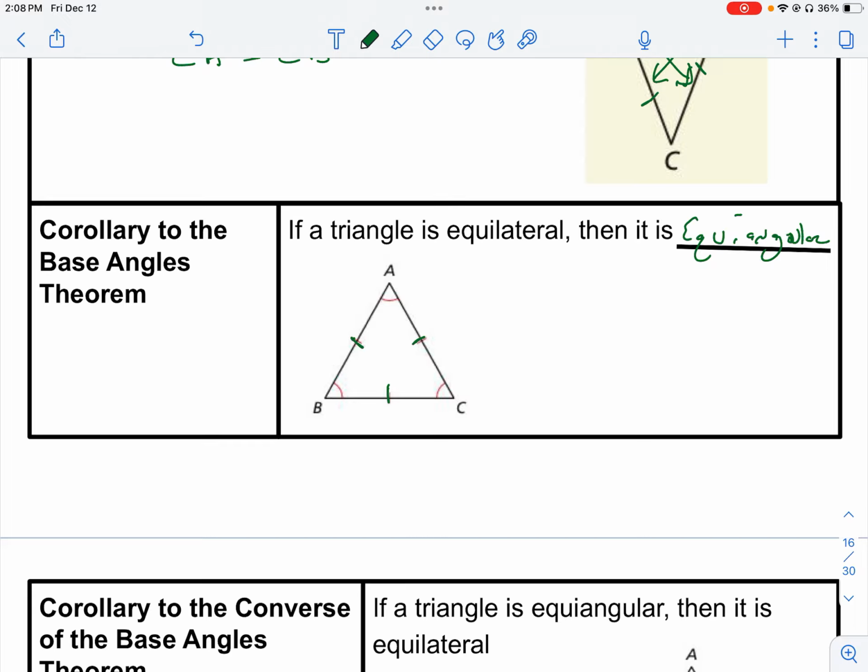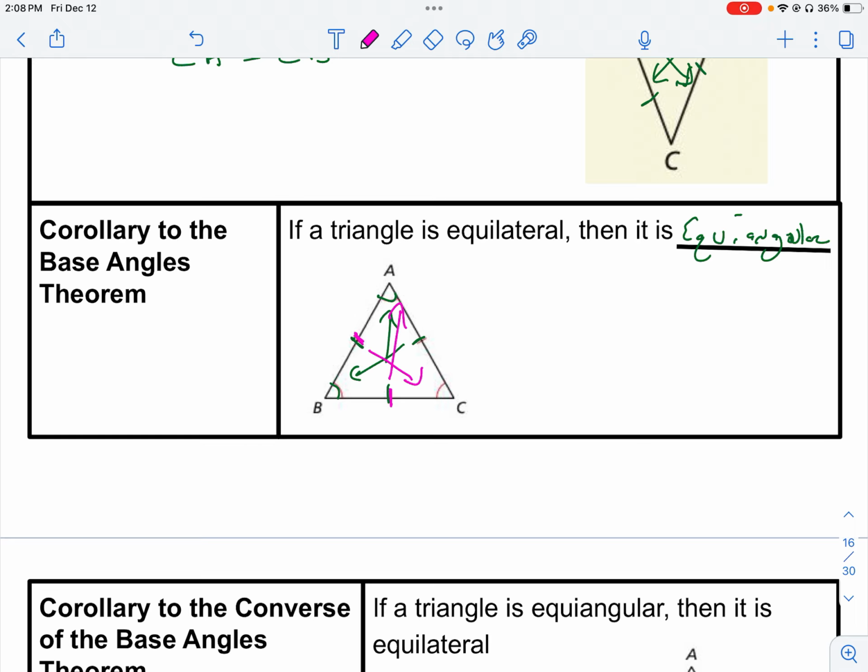So if these three sides are the same, well, I know if I have two sides the same, I can crisscross, and these angles are the same. Well, if AC and BC are congruent, A and B have to be congruent. Well, if BC and AB are congruent, then angle A and angle C have to be congruent. And we can keep going around the triangle seeing that. But if it's equilateral, then it's equiangular.